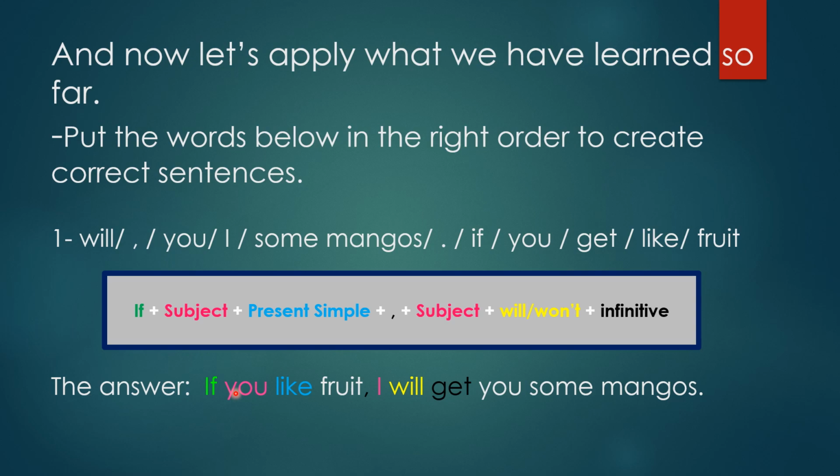So if you like fruit, that's the condition, الشرط. Then I will get you some mangoes, which is the result, النتيجة. If you like it, I will get you some mangoes. That's the result of you liking the fruit, which is mangoes or not.